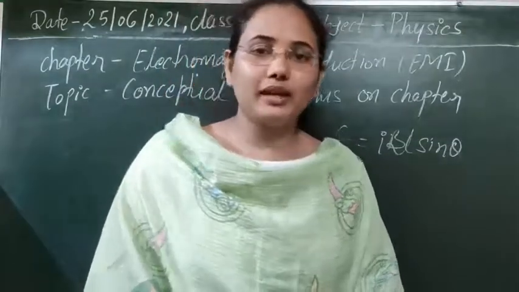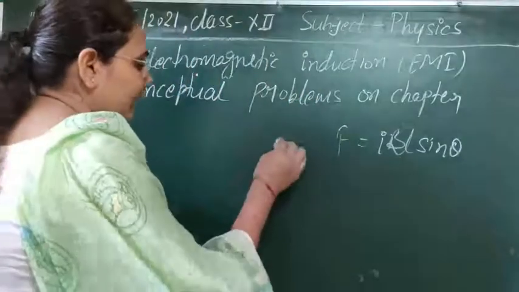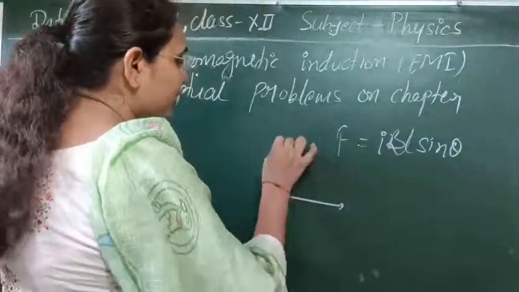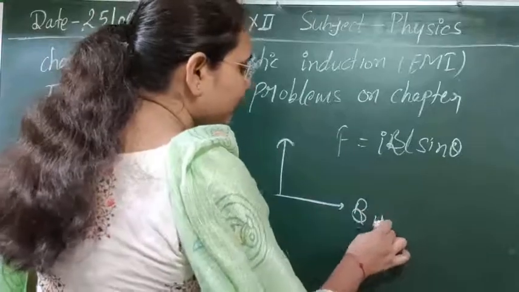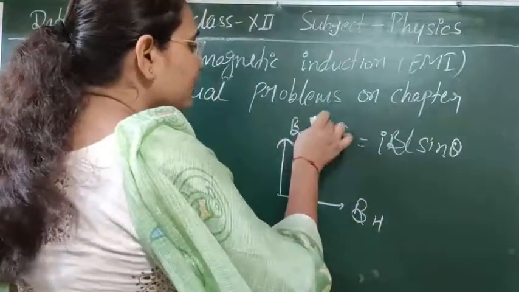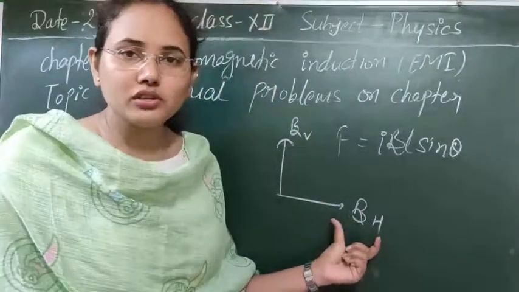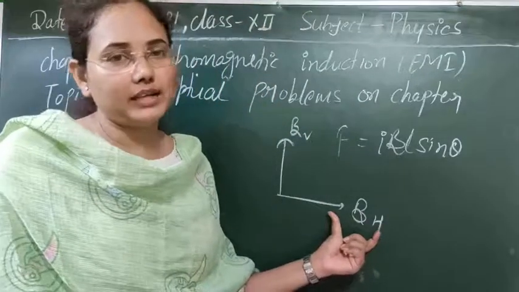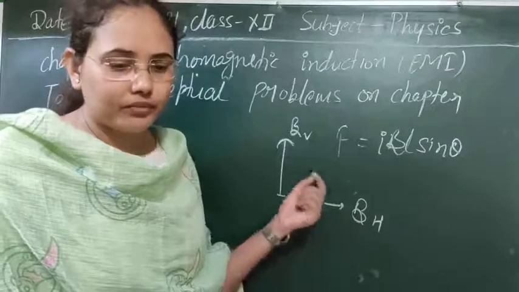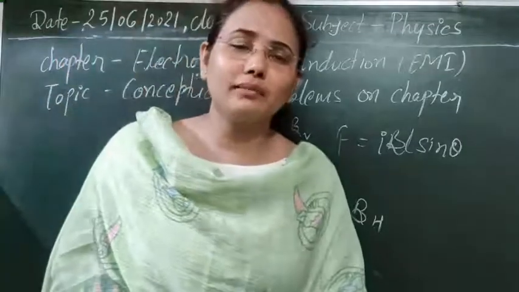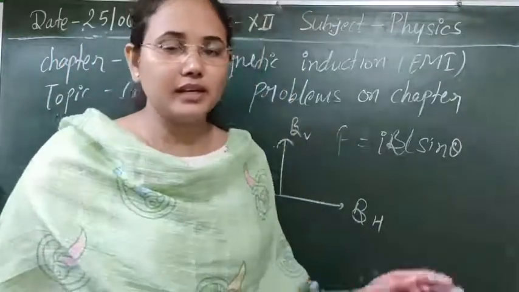But as you know, the Earth's magnetic field at any point has two components. One is the horizontal component and the second is the vertical component. As the train is moving along the horizontal component of Earth's magnetic field, there will not be any flux generated due to this one.